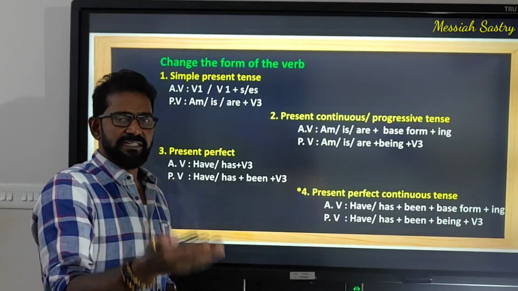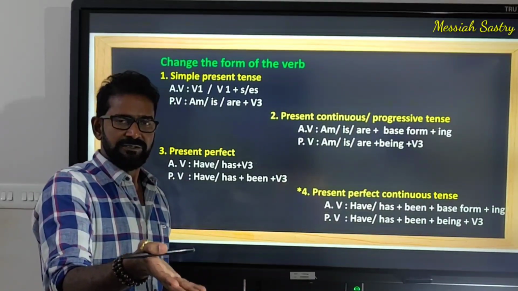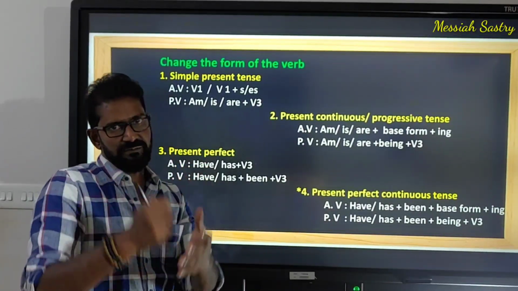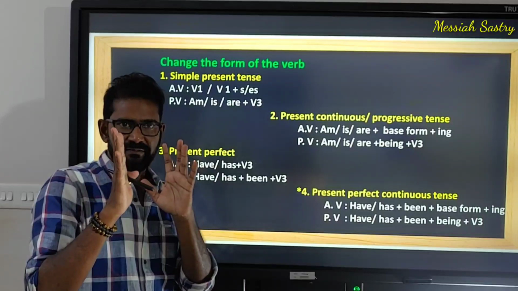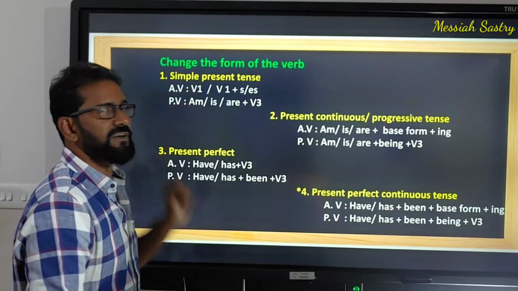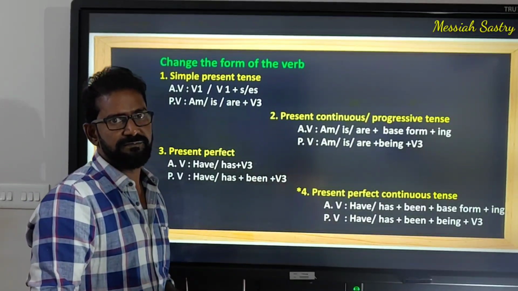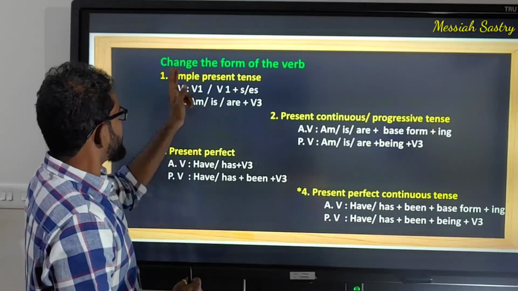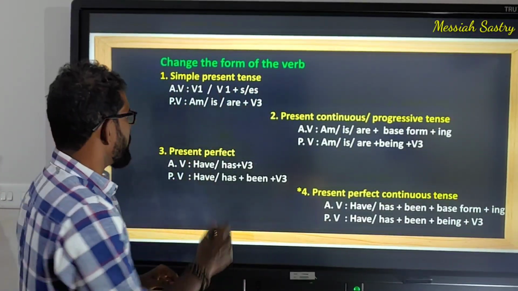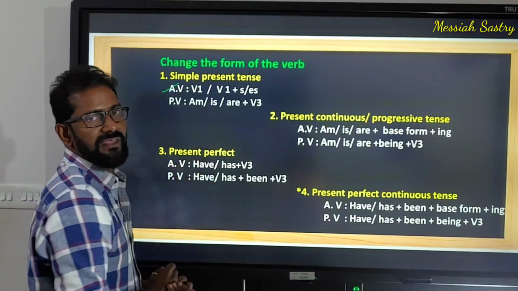The action can be expressed in 2 possible ways, based on the form of the verb. So we need to learn active form and passive form. Let us see how to change the form of the verb. Simple present tense: what is the active form?